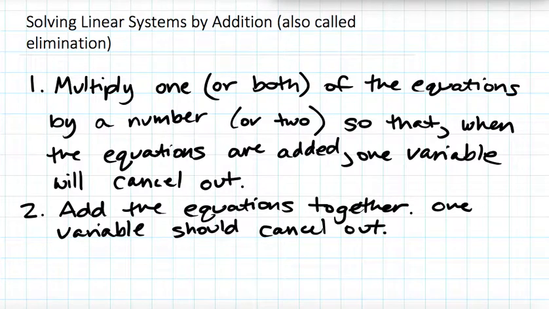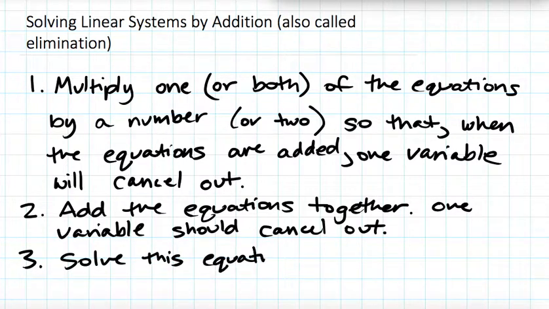If one of the variables doesn't cancel out, then that means that there's a mistake either in our multiplying step or in our adding them together step. Then step 3 is to solve the remaining equation to get one of the variables.